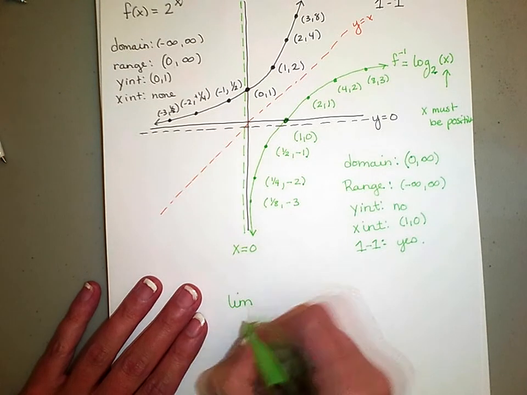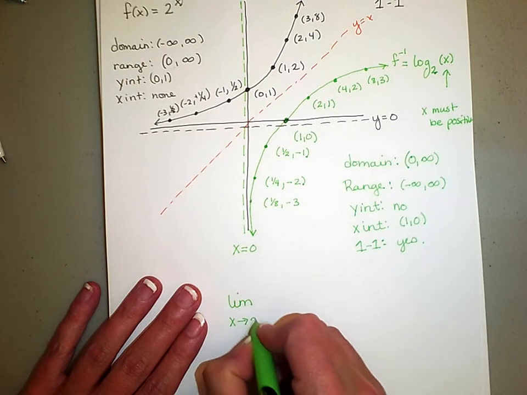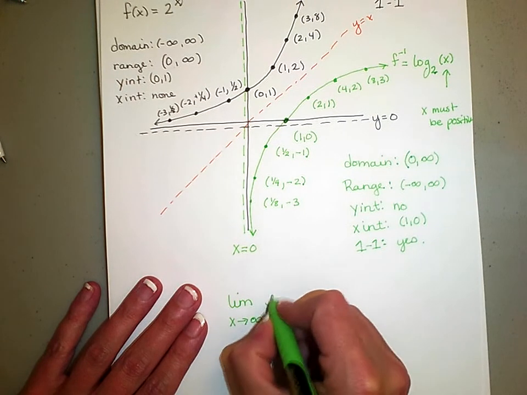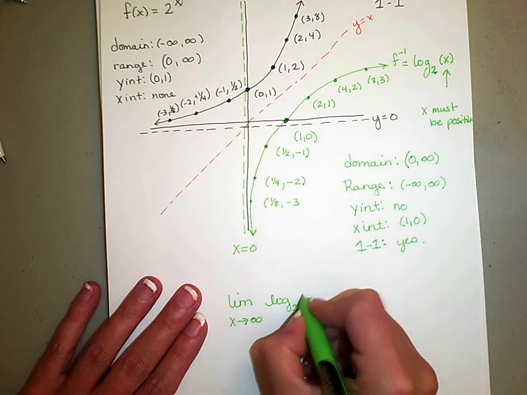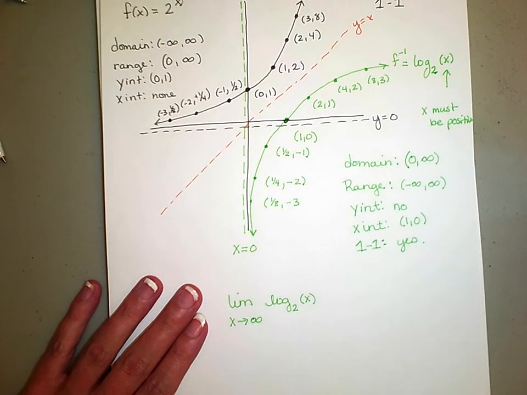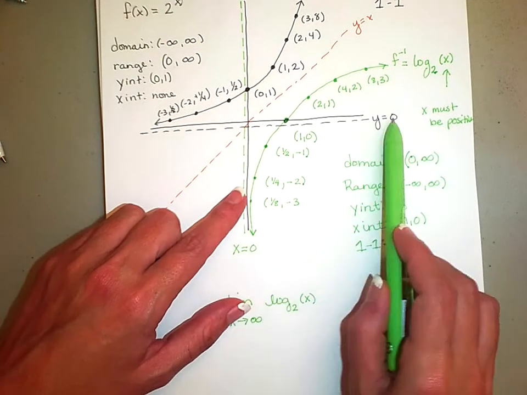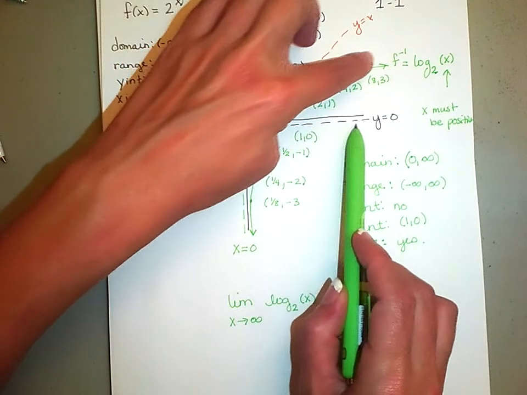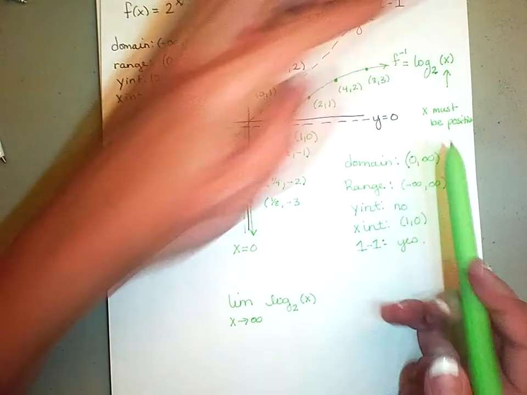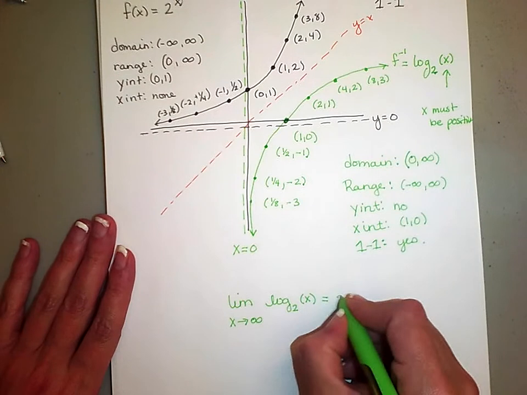What is the limit as x goes to infinity of the log base 2 of x? As I'm letting x go to infinity, what is happening to the function? Well, the function is taking off to positive infinity.